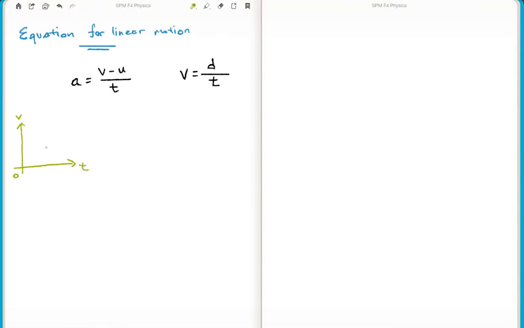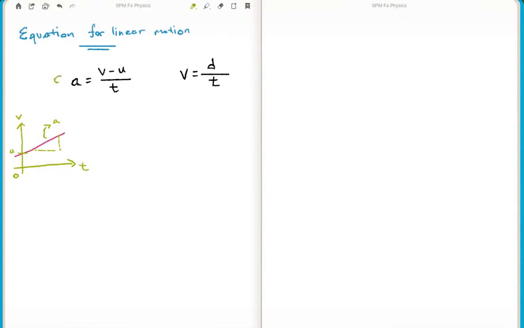At time 0 it is already moving, and it changes linearly with time. You'll be able to give the equation of this line: the y-intercept is the initial velocity, which I will call u. For your information, the gradient of the graph is actually the acceleration.